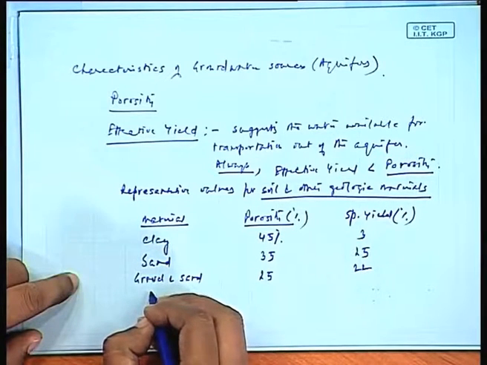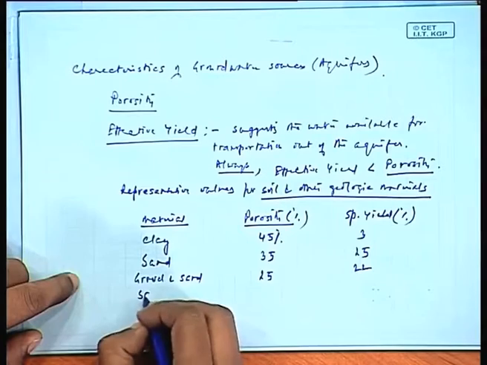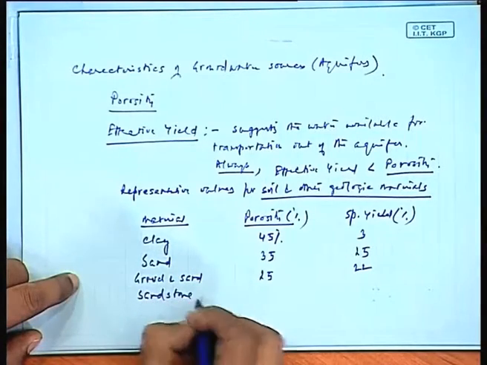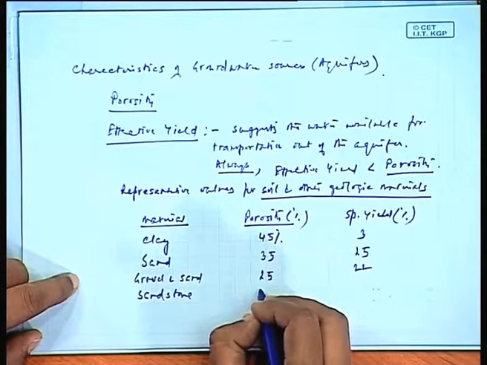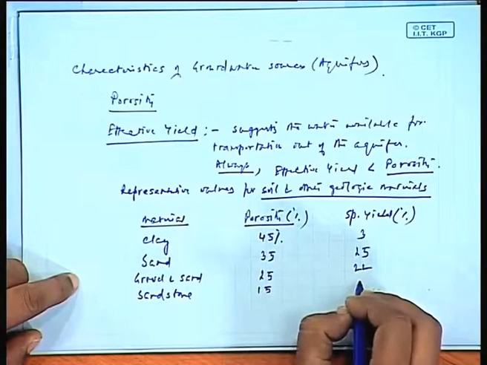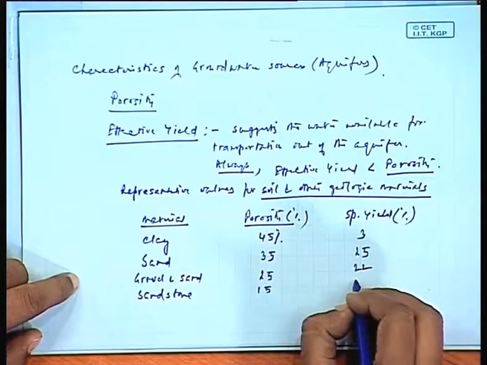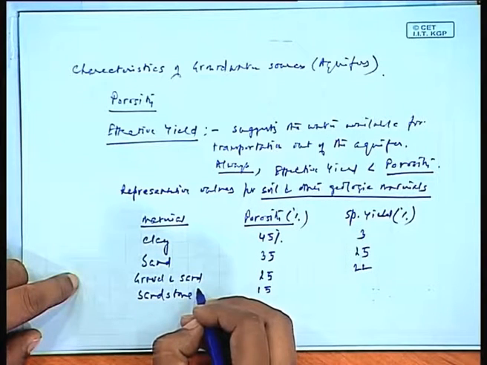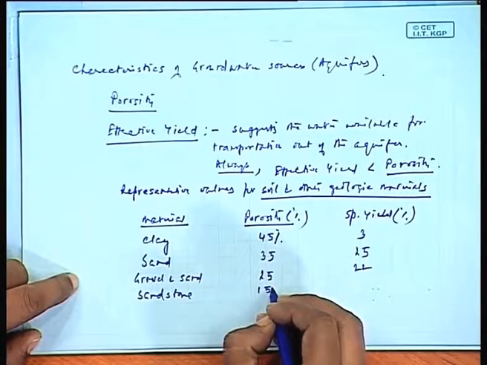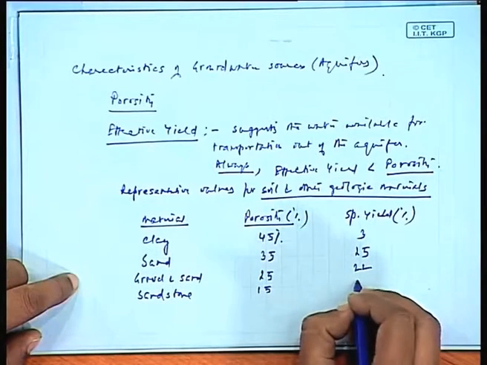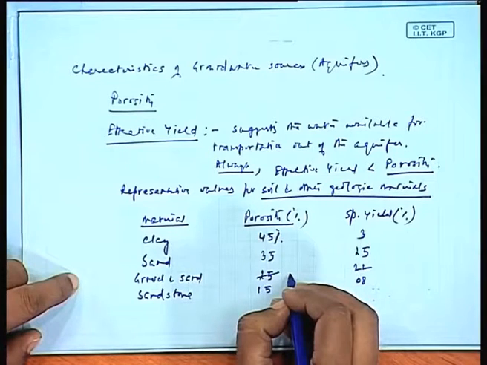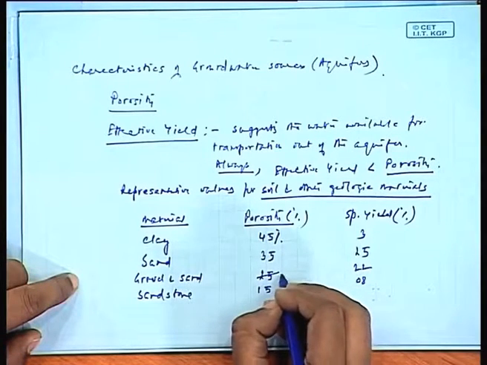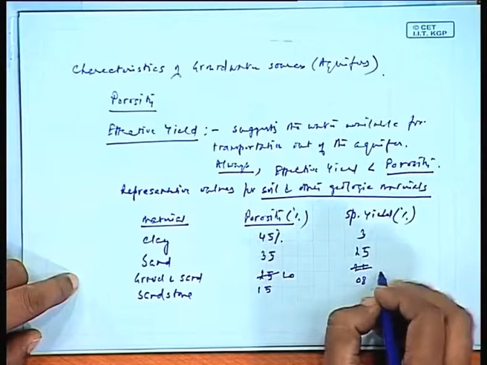Sandstone is 15 and 8. Just make a correction here: gravel and sand is 20, and this one is not 22, it is 16.